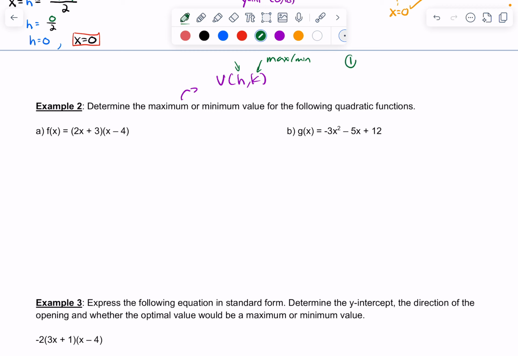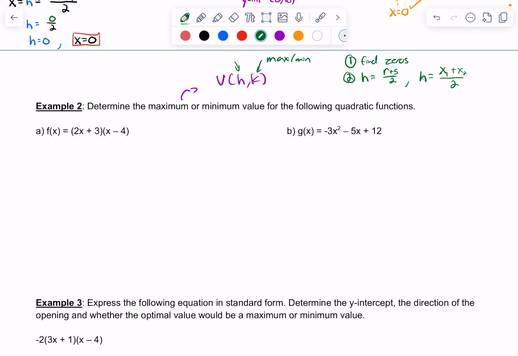So there we go. Step 1, find zeros. Step 2 is use your formula. H is r plus s over 2. Another way you can think of this formula is h equals x1, the first intercept, plus x2, the second intercept, divided by 2. They mean the same thing, okay?